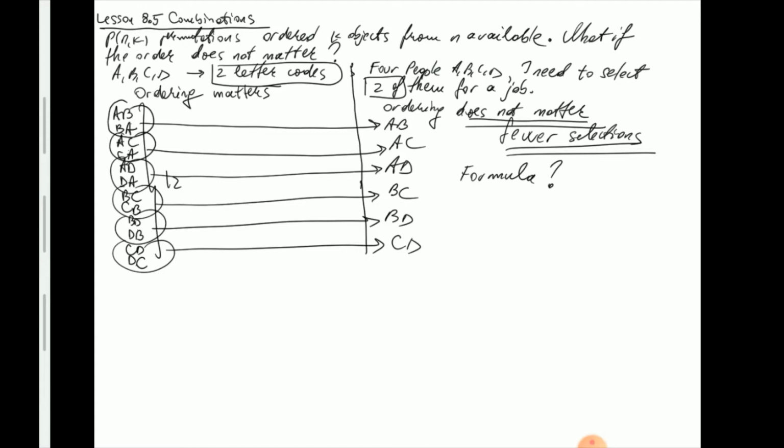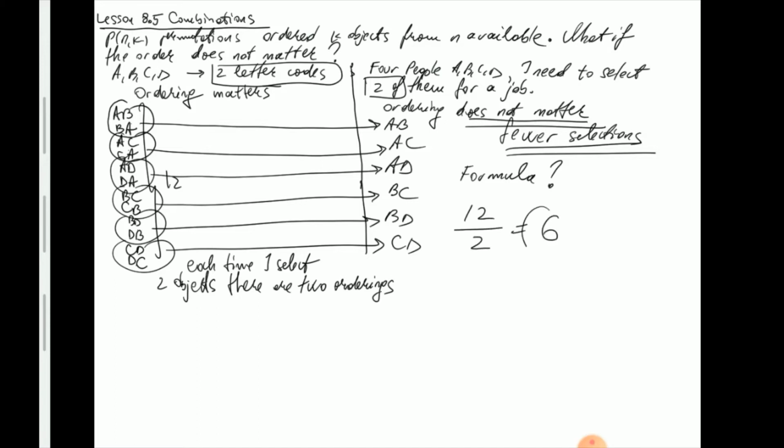Now, if you look carefully, for each selection, so each time I select 2 objects, there are exactly 2 arrangements or 2 orderings, right? So therefore, if I divide the number of ordered selections on the left side by 2, I get exactly the number of selections in which the ordering doesn't matter. Notice that the number of selections in which the ordering does not matter is actually 6.